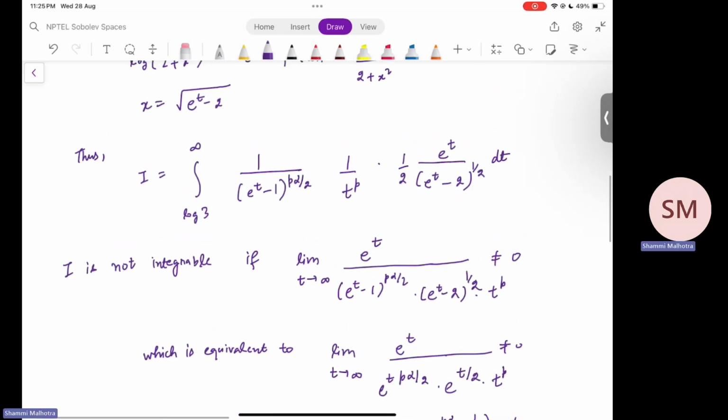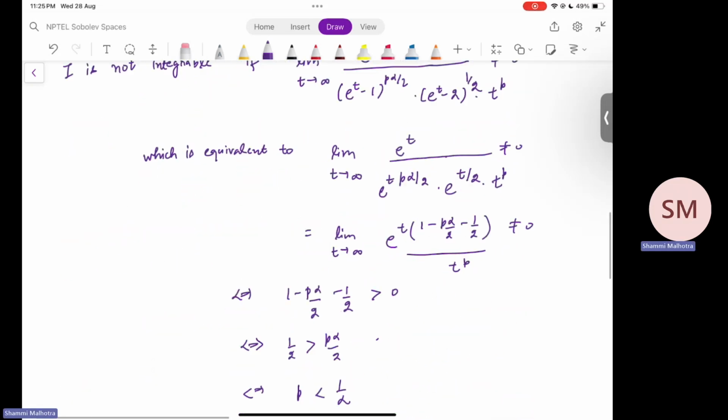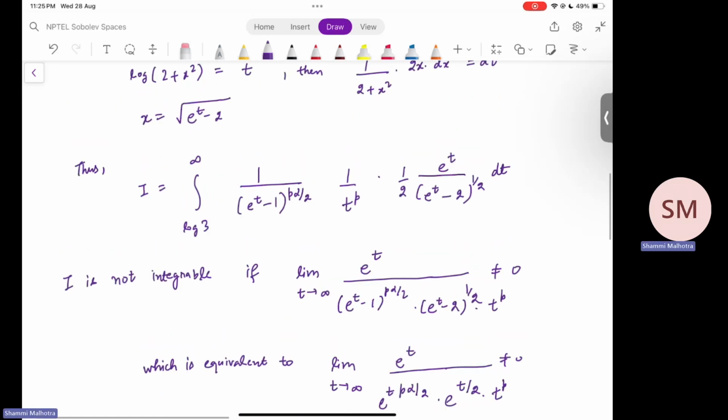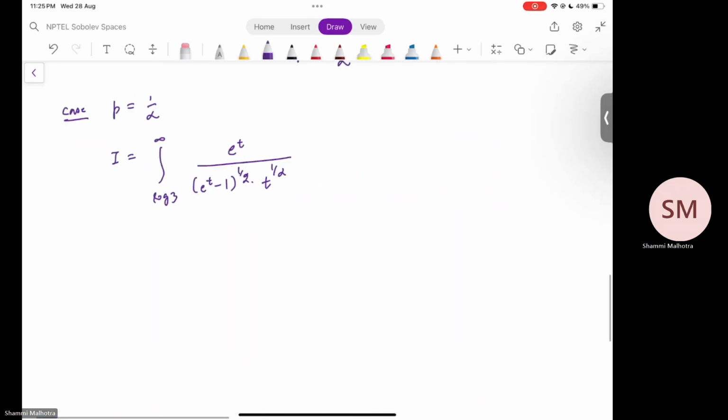And note that alpha is between 0 and 1, so p has to be greater than 1. And finally, this is (e to the t minus 2) to the power half.